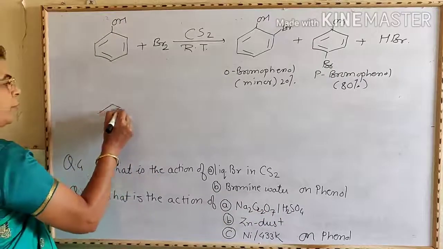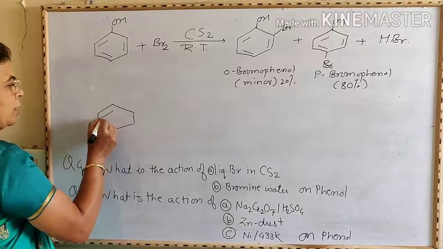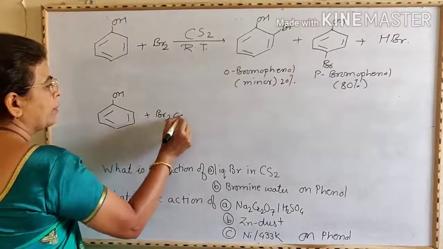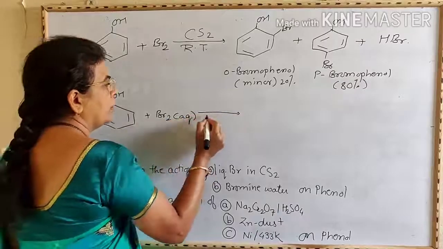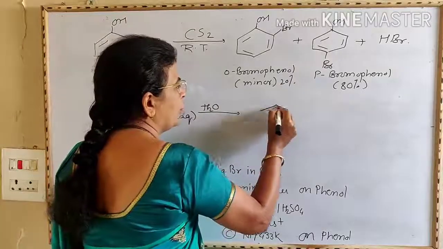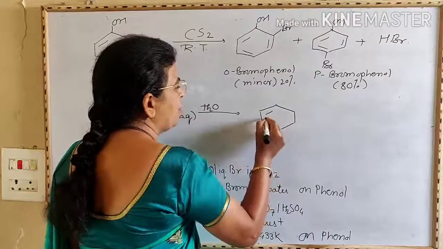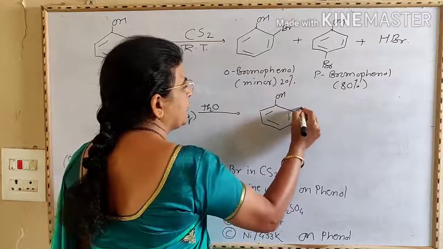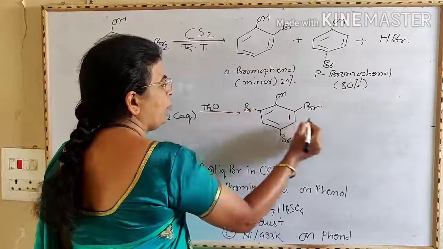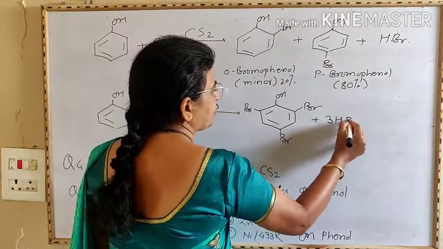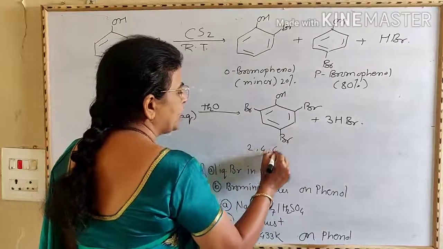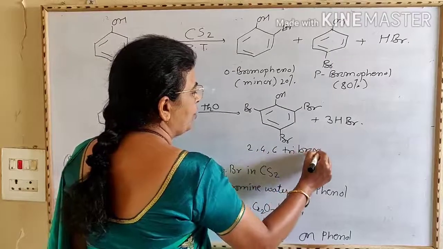When phenol is treated with bromine water, that is aqueous bromine, then formation of 2,4,6 tribromophenol takes place. We have to balance this reaction. Right, here thrice. This is 2,4,6 tribromophenol.